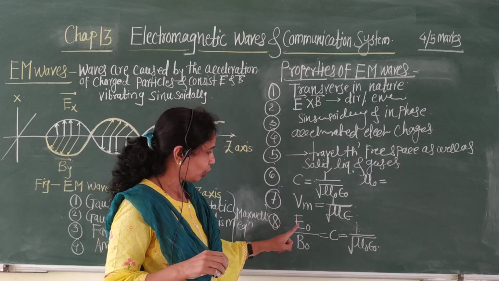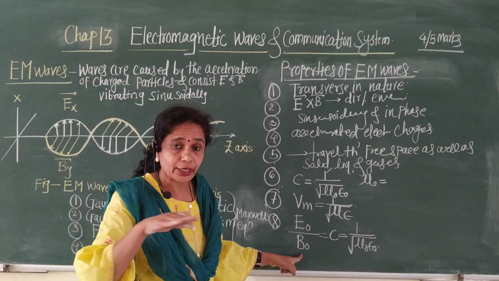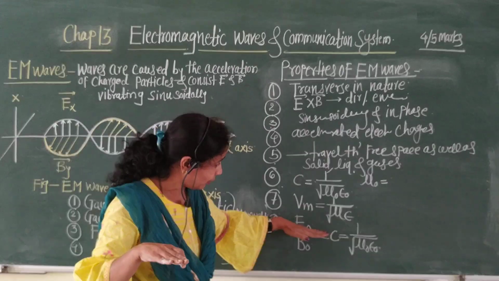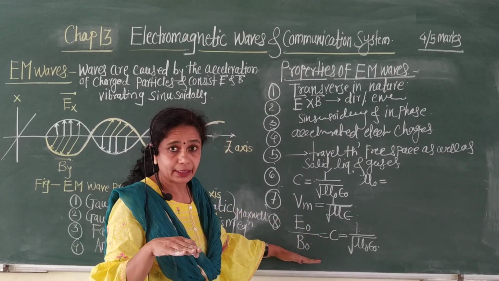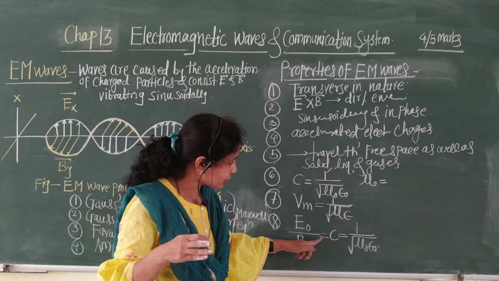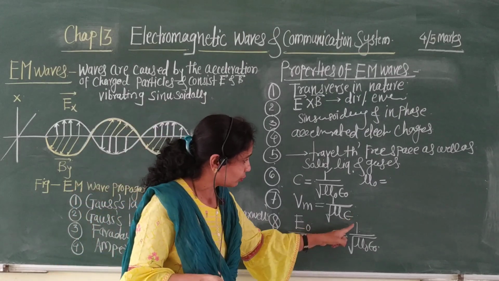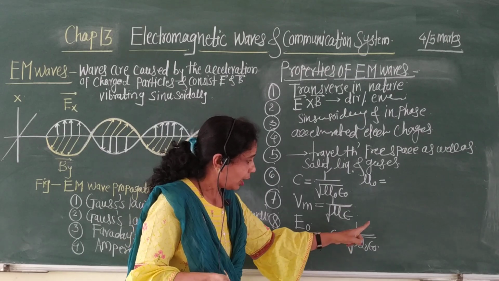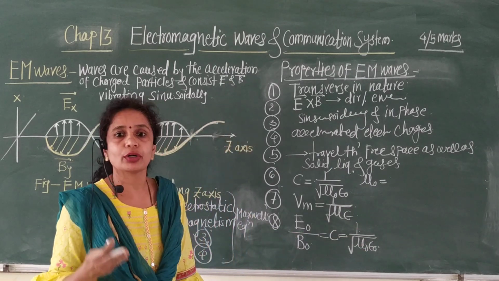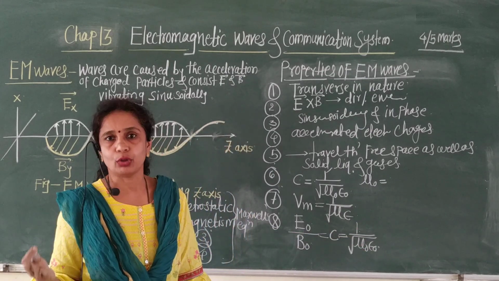Therefore, E naught upon B naught is constant and equal to the velocity of light.